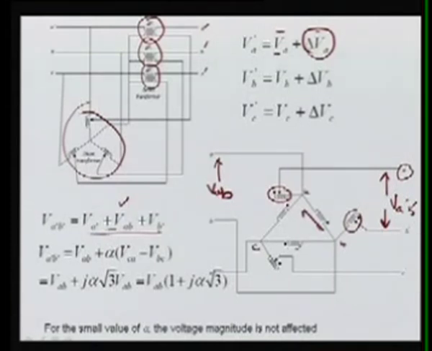This voltage is going to be induced here, some fraction, a factor alpha, of VCA, and your VBC. This is VBC, and this voltage is related with this voltage VCA. So, these are going to be added, and then we see this is root 3 times, and finally we can write VA'B' will be equal to VAB times the bracket 1 plus j alpha root 3.